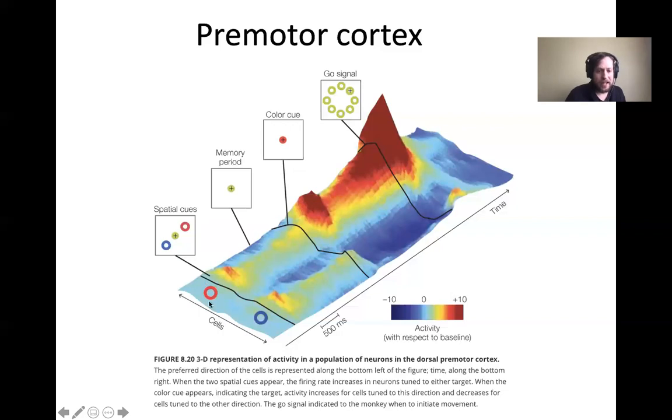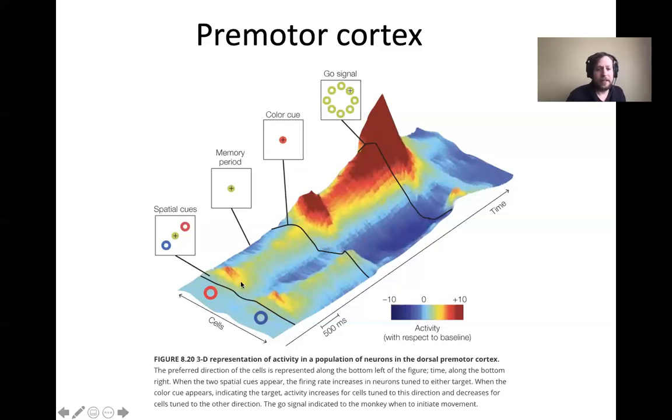This cell, which is colored red here, responds to the upper right-hand point of space. The red cell is all of this activity over here. The blue cell responds to this lower left point of space right here. And you can see this is the activity, of course, across the trial of this one cell. So we have these 2 cells, and they respond to different points in space.